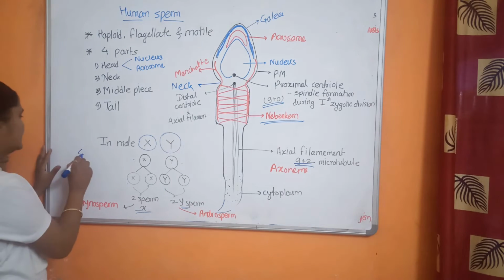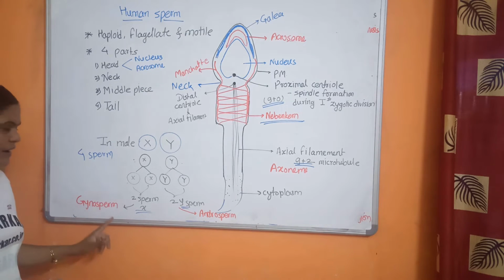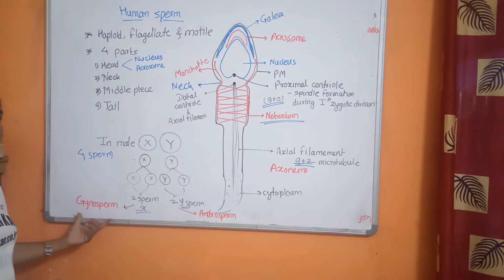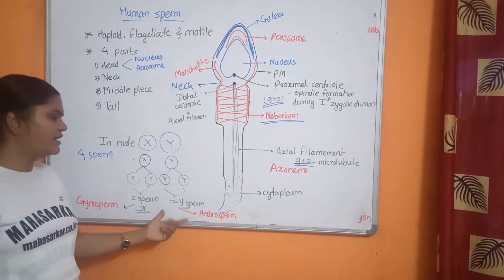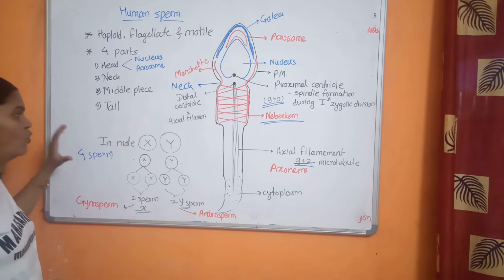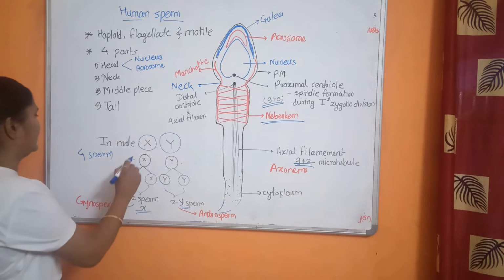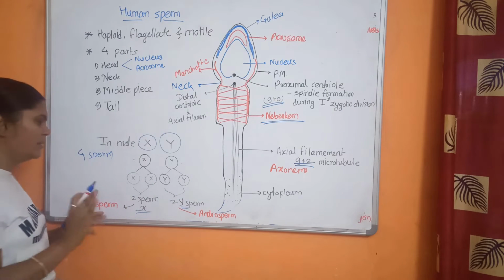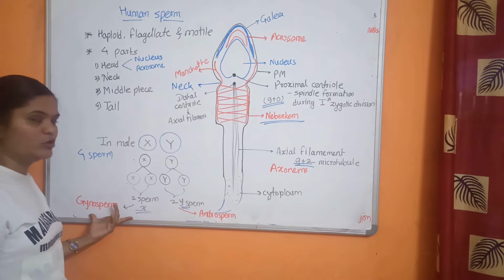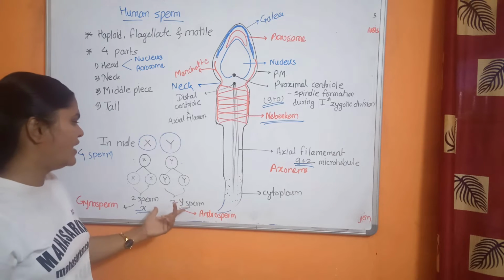So from these 4 cells, 4 sperms are produced, of which 2 are X-containing and 2 are Y-containing. So it completely depends on the male what the sex of the fetus is, because the female has only the X chromosome, while the male has X and Y chromosomes. There is a 50-50% chance of X chromosome or Y chromosome. Gynosperms are X chromosome containing sperms, and androsperms are Y chromosome containing sperms.